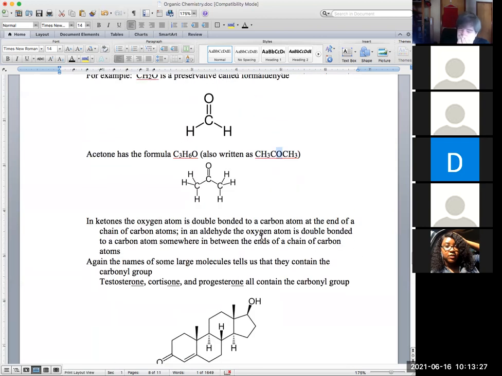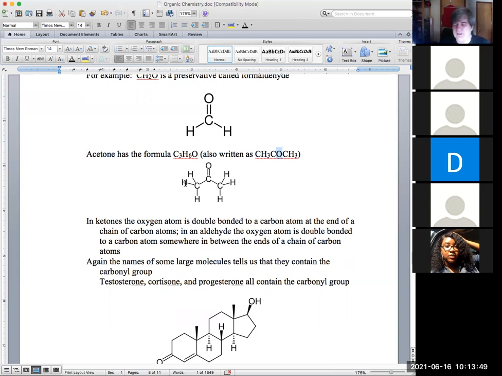Now, when we look at ketones, the oxygen atom that has a double bond to a carbon is somewhere in the middle of the carbon chain. So notice in acetone, it's on the 2nd carbon. If the double bonded oxygen was on the 1st carbon or the 3rd, it wouldn't be a ketone, it would be an aldehyde.